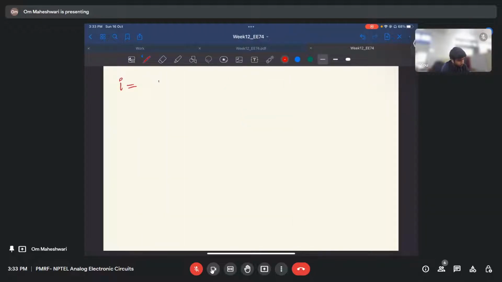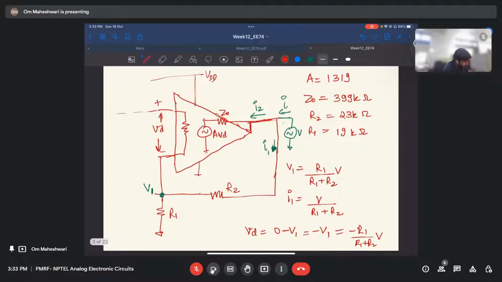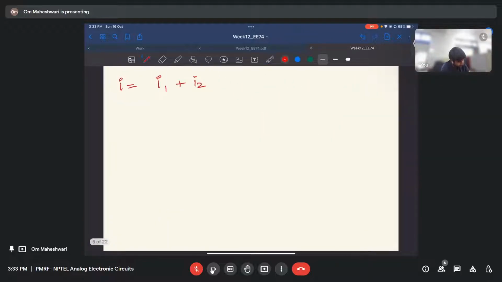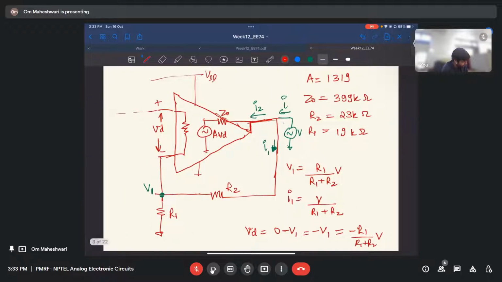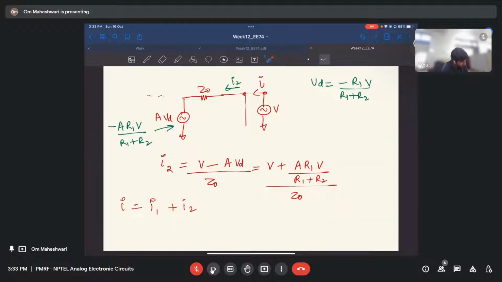I equals I1 plus I2. So we had I1 was V by R1 plus R2, plus I2, which is this.